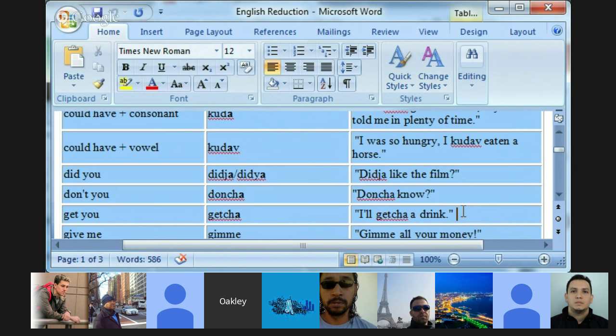You notice when I use that reduced form, it's also stretched more than a normal schwa. A normal schwa would be very, very fast, right? So it's exaggerated or stretched a little bit. I'll get you a drink, instead of a very short one. That would sound weird to me, actually, Mark. It sounds weird. It would have to be stretched slightly in order to sound right.